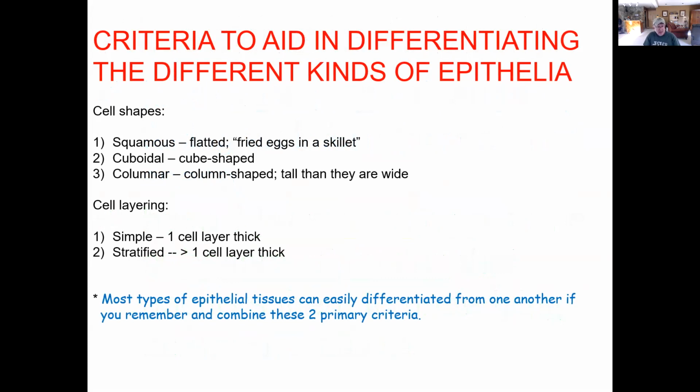Squamous, that should read flattened, I'll change that, flattened cells. And the metaphor that I give is when you fry eggs in a skillet or in a pan, okay? The egg that you're frying is the epithelial cell, the squamous cell. And the yolk of the fried egg is like the nucleus of the cell. And that's sort of what they look like, as you'll see in a few moments.